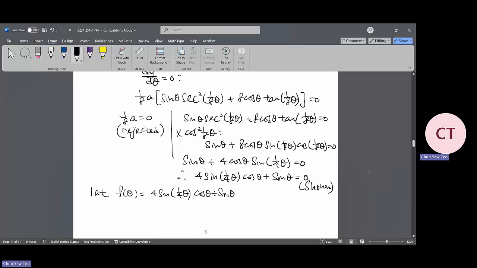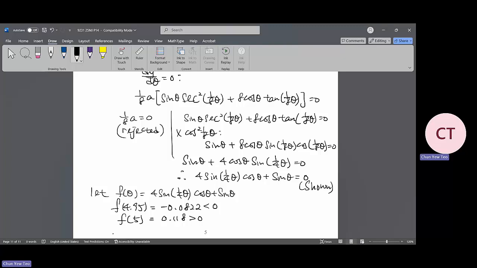And substitute 4.95 and 5 into the function using radian mode. Remember to change into radian mode. So this one, I straight away press the calculator. You get this one is less than 0. You get this one is positive, more than 0.